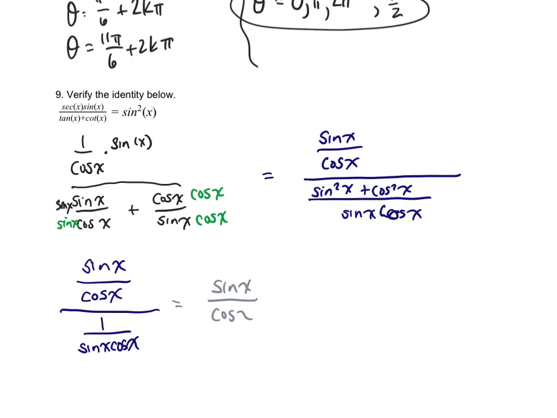So we have sine x over cosine x times sine x cosine x over 1, just because I'm multiplying by the reciprocal of the second. Well, you can see the cosines will cancel, and we're just left with sine x times sine x, which just happens to be sine squared x, which is what I'm trying to prove it equals. So just start on one side. I would say start on the side that has the most stuff and try to manipulate it till you get the other side.